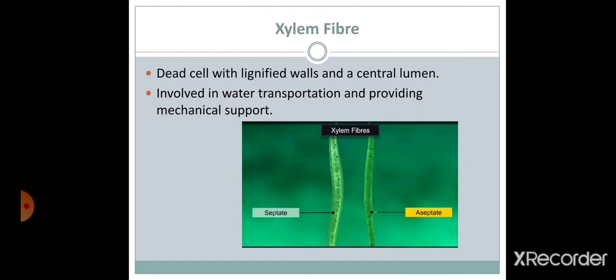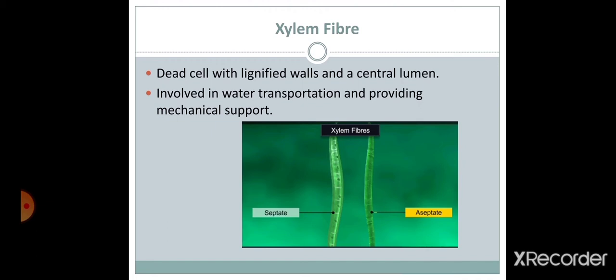Regarding the structure of the xylem fibers, these are slender, spindle-shaped, dead cells. The cells are with or without protoplast. There is a very narrow lumen, almost obliterated. The cell wall is very thick, hard, and lignified.